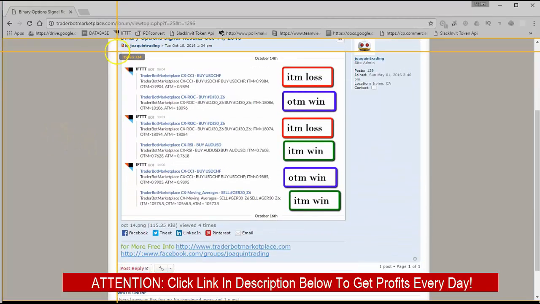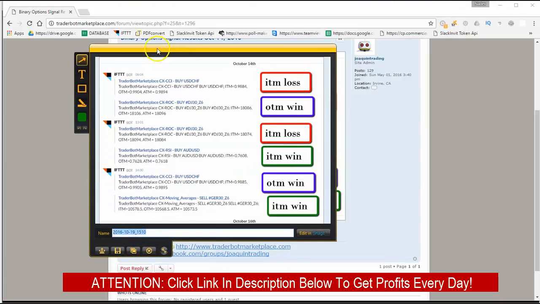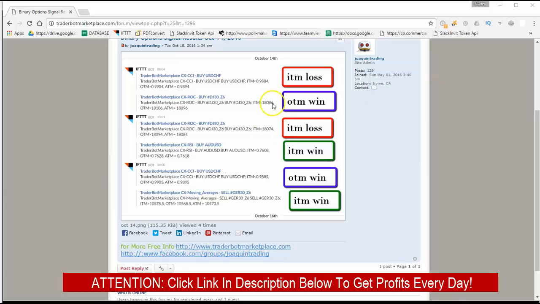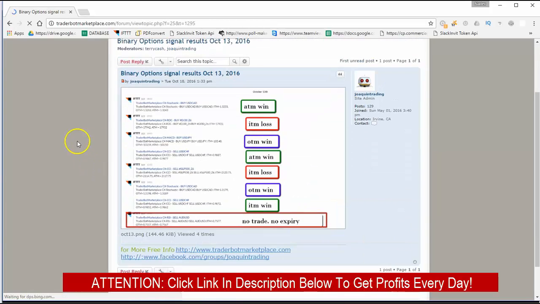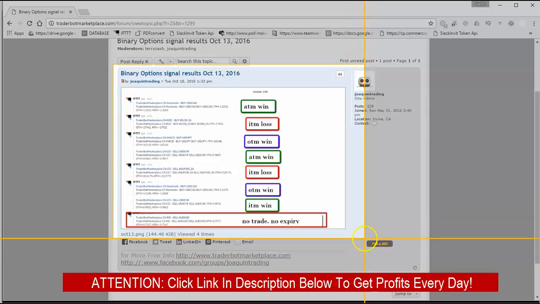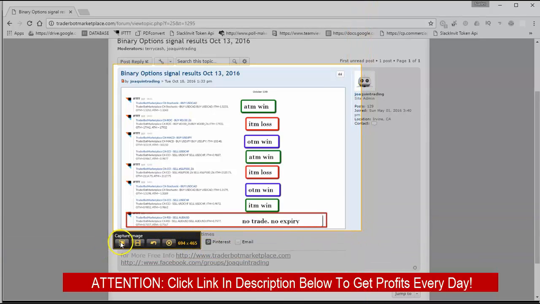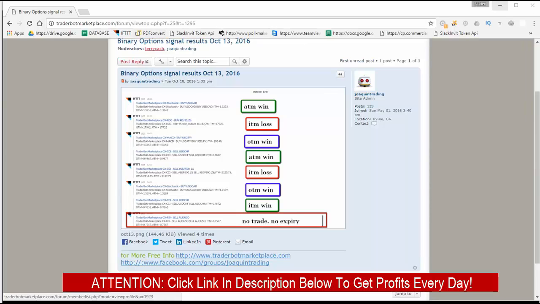I'm taking a picture of these to use in an example here in a few minutes. All we're concerned about are the 2 OTM wins right here. We're not concerned about anything else. Let's go to the day before that. We're concerned about the 2 OTM wins and nothing else, because those are going to be losses.